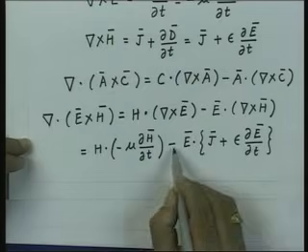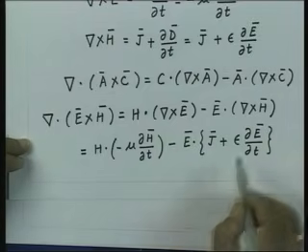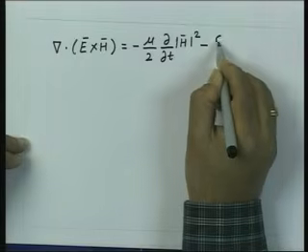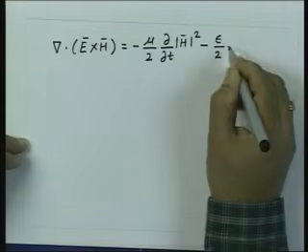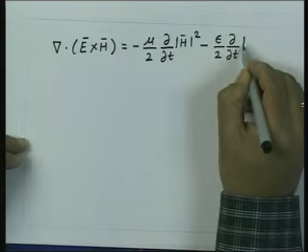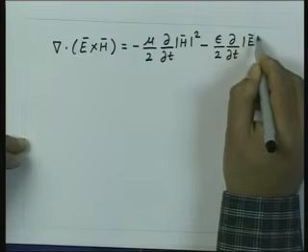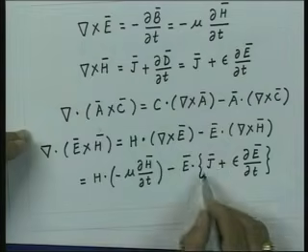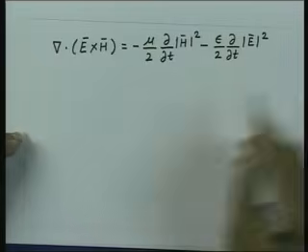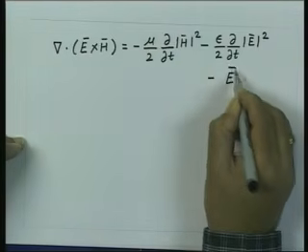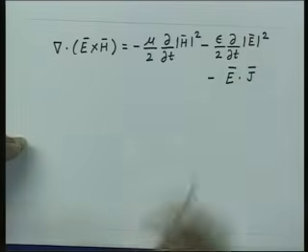Second term we can have this, which is minus E dot d by dt. So, that will become minus epsilon by 2 d by dt of mod E square, and then we can have finally this term minus E dot j. So, minus E dot j.